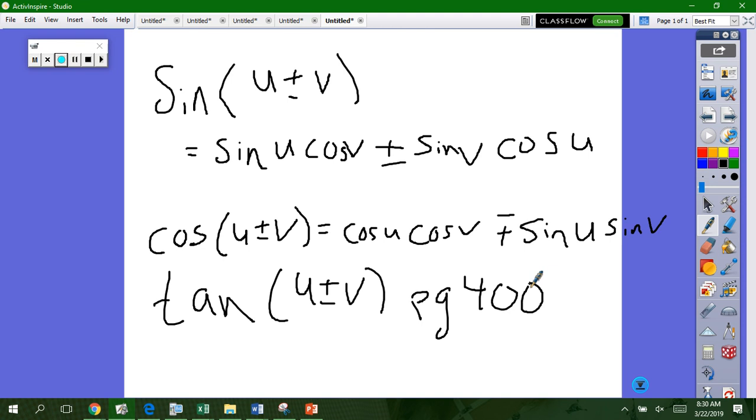Yes, you could. Because remember, if you knew sine, and you don't know cosine, I just put like a variable, but you knew tangent. You know what I mean?